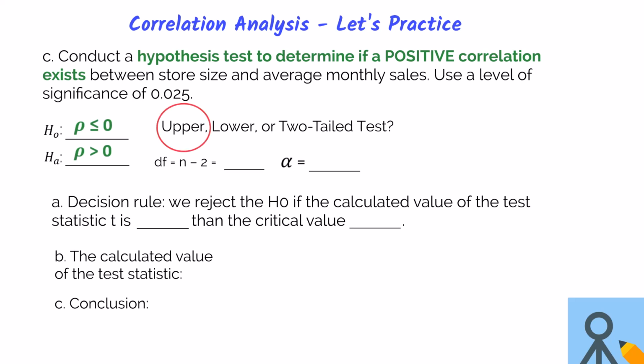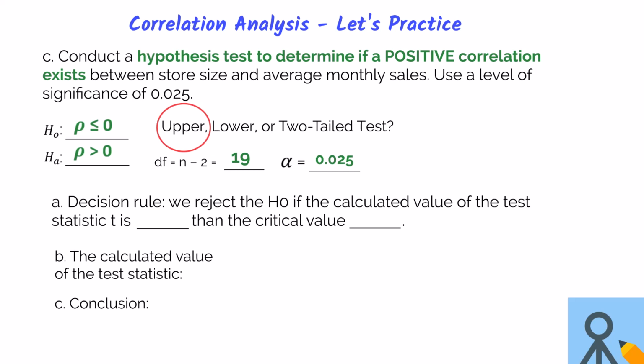This is an upper tail test because we reject the null hypothesis if the test statistic is in the upper tail. The degrees of freedom for this type of hypothesis test is the sample size minus 2. So we were told we had a random sample of 21 stores, so 21 minus 2 is 19 for the degrees of freedom. We were told in the story that the level of significance is 0.025, so that is our alpha.